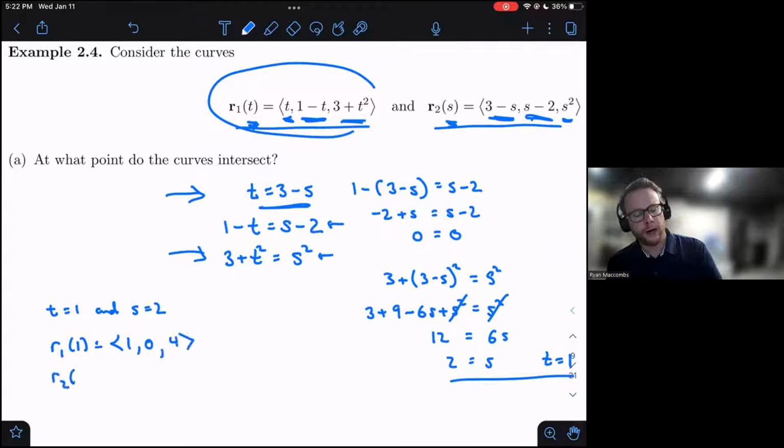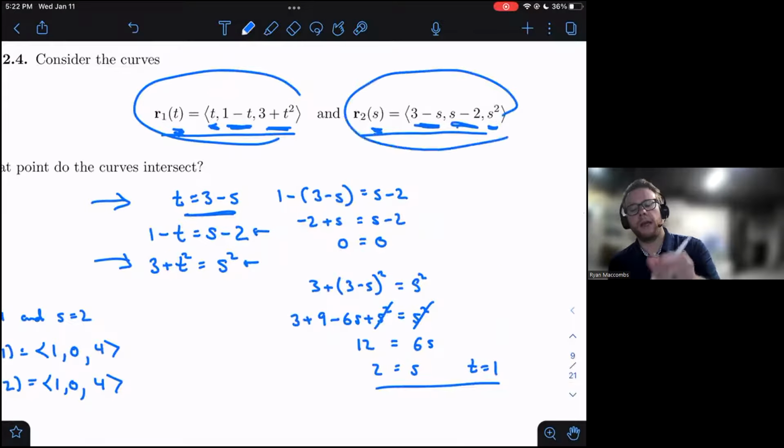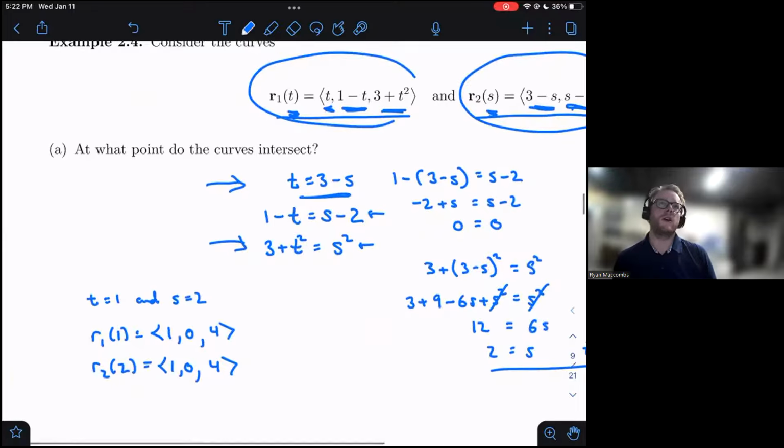Now our second curve depends on s, so we're going to have s is 2 in this case. And when I plug that in, we're going to have 1, 2 minus 2 is 0, and then 2 squared is 4. So again, we were plugging in a 2 everywhere we saw an s. And indeed, we see that these 2 curves actually do intersect at the point 1, 0, 4.